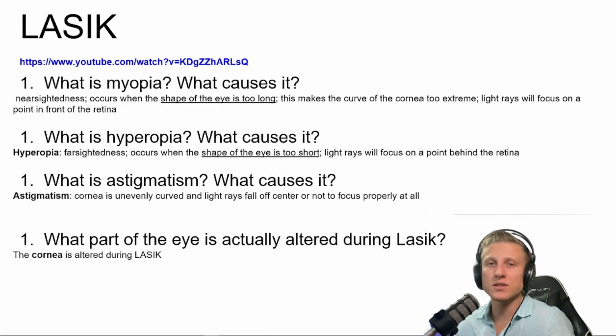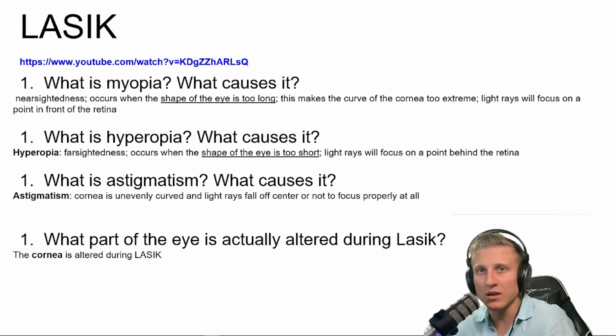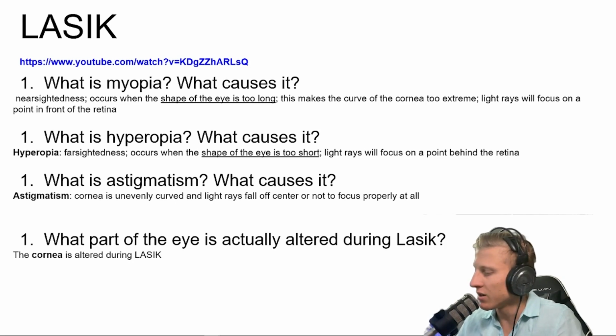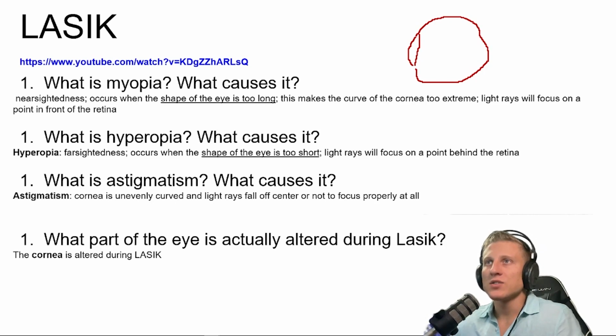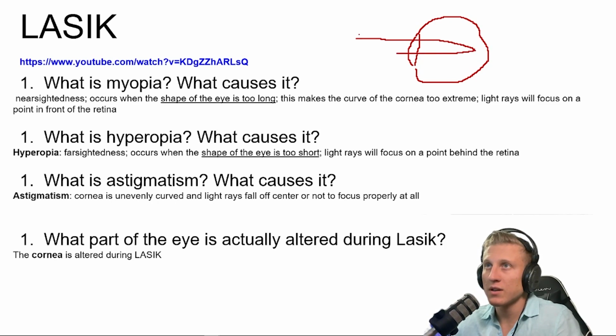So myopia is nearsightedness, okay? This is when the shape of the eye is too long, meaning, I'm going to do a poor illustration here. All right, so if we have an eye like this, and this would be the cornea layer, okay? If the eye is too long, then light coming in is getting bent by the cornea and the lens, and then it ends up coming into focus at a point in front of the retina.